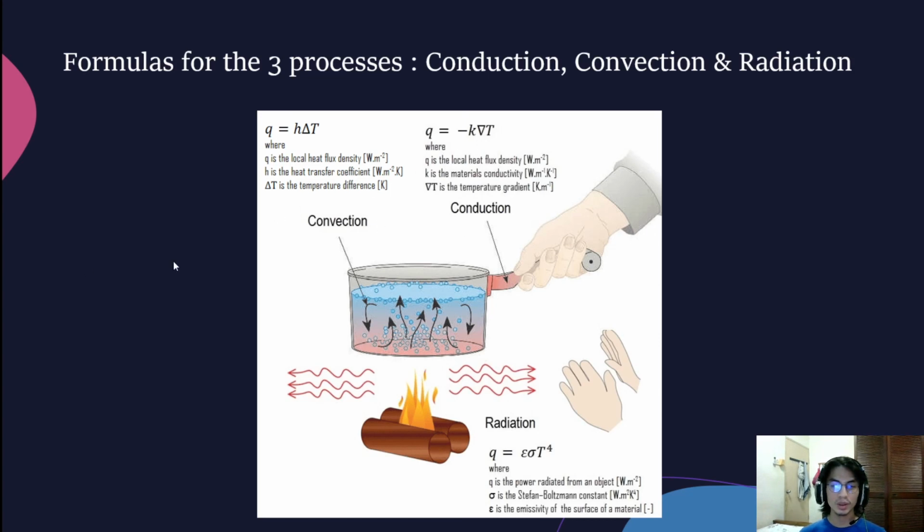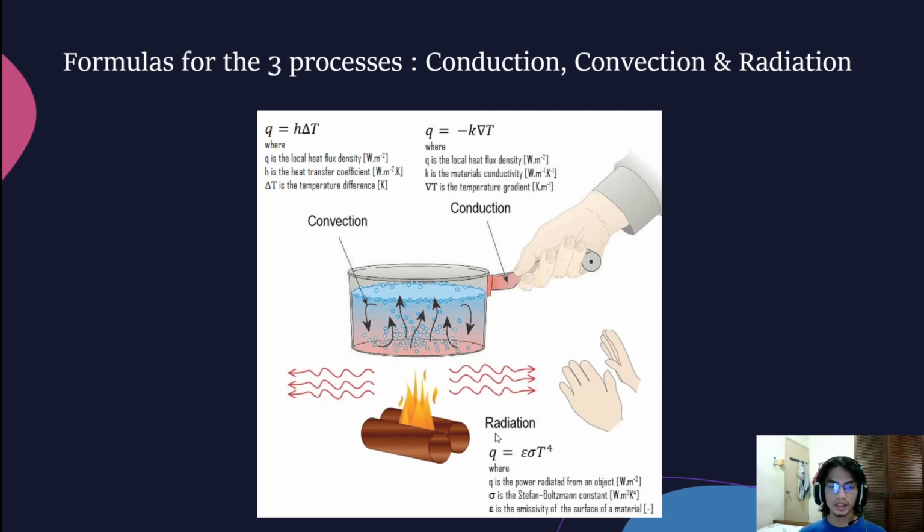For convection, we write Q equals h delta T, where Q again is the local heat flux density and h is the heat transfer coefficient, which is in W·m^-2·K^-1, and delta T is the temperature difference, as we know.